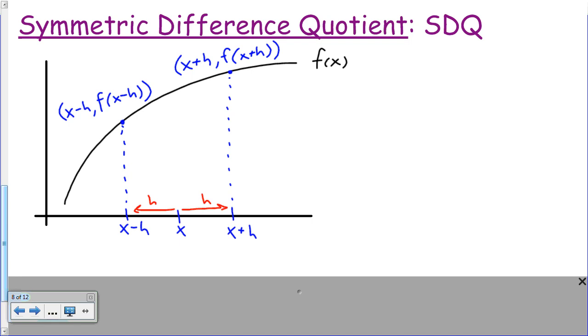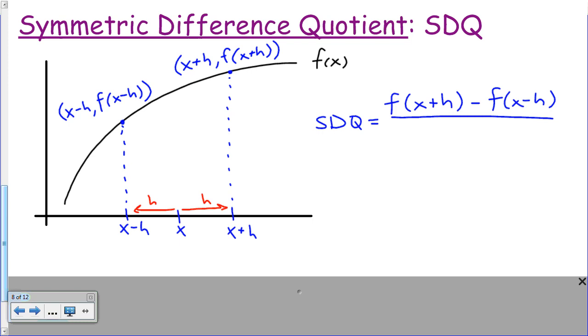So use your slope formula here. SDQ is equal to change in y's over the change in x's. So it's f of x plus h minus f of x minus h, and it's all divided by the difference in my x's, so it's x plus h minus x minus h.